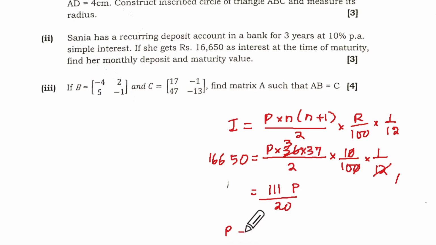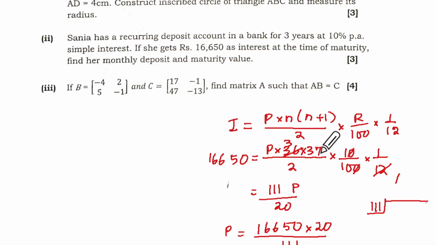So your P will be equal to 16650 into 20 upon 111. Now can you see the division by 111 is easy. So don't keep 37 separately. 37 will be irritating for your calculations. So it goes once 111, and then you'll have, correct or no?